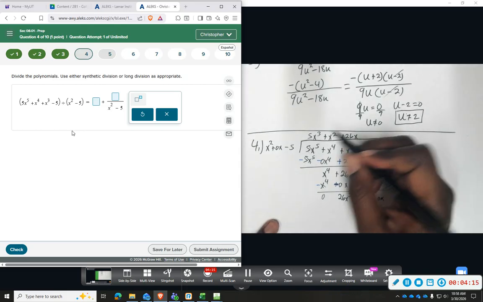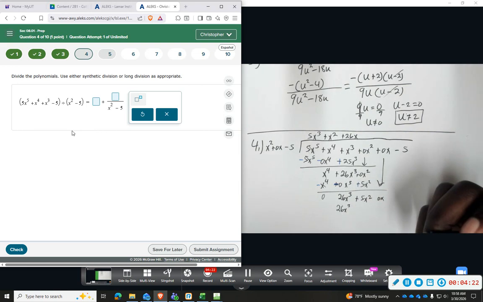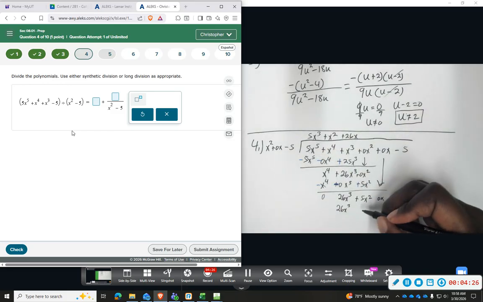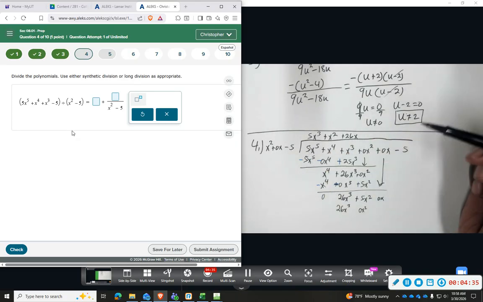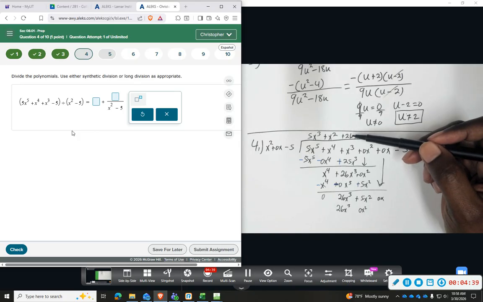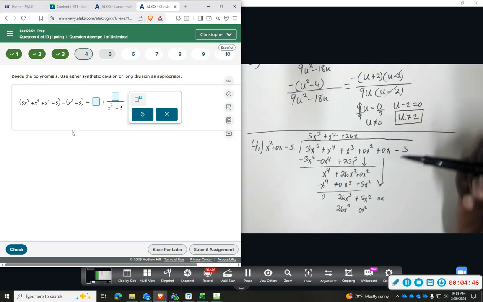And then 26x times x squared will give me 26x cubed. 26x times 0 will give me 0x squared, and then 26x times a negative 5 will give us a negative 130x.